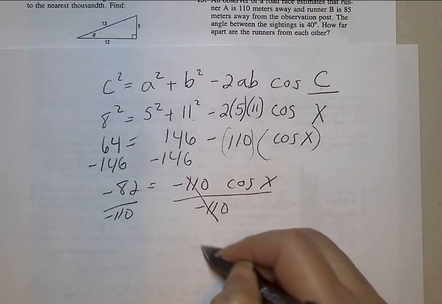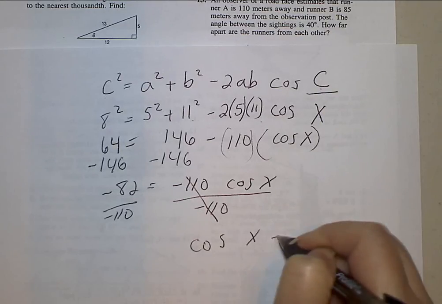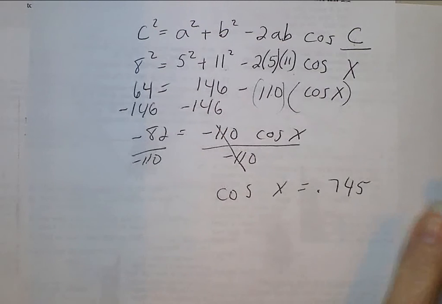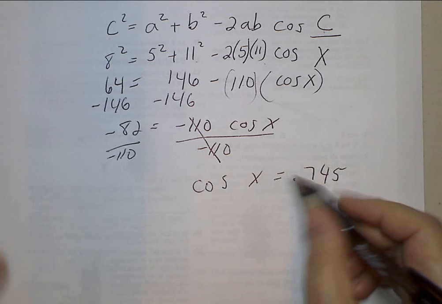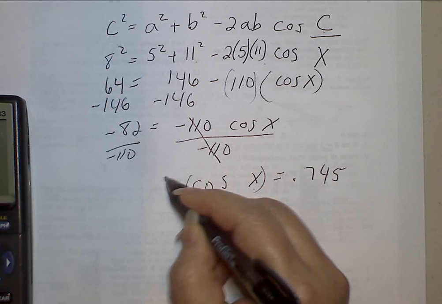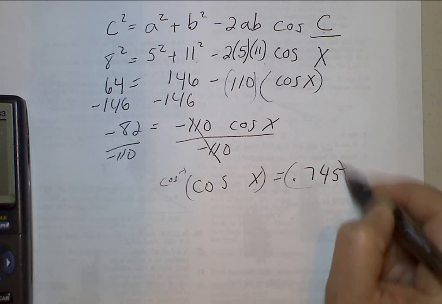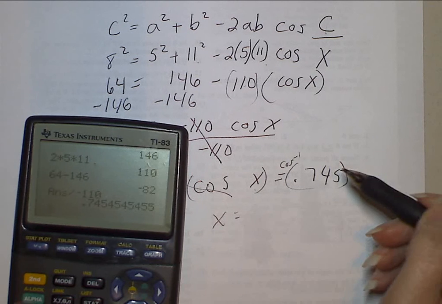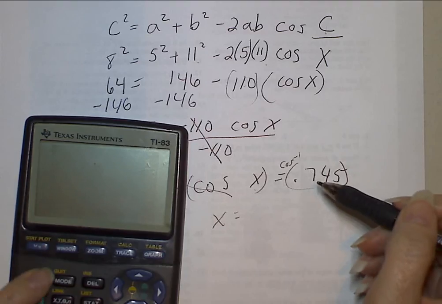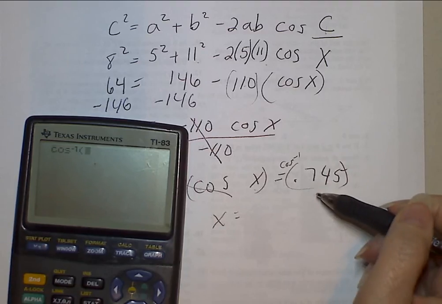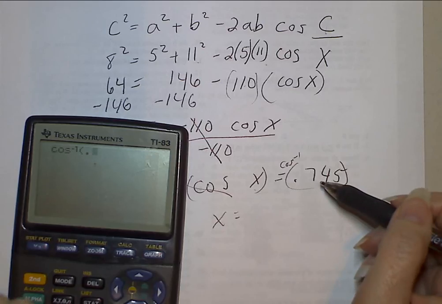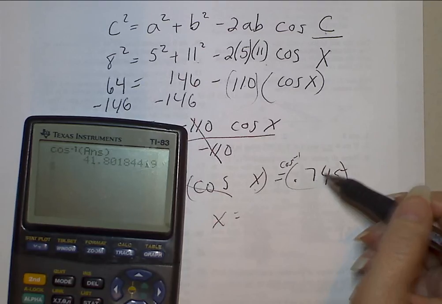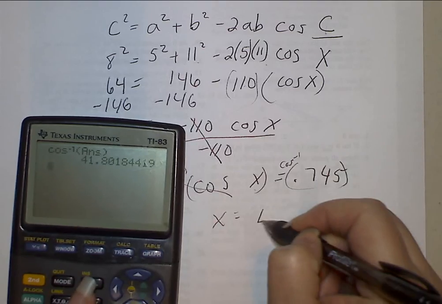So I have cosine x is equal to 0.745. Now what do I do to get x? Yes, take the cosine inverse. So that's gone. So x equals cos inverse of, I could have said my answer, huh? Cos inverse of my answer should be about 42 degrees.